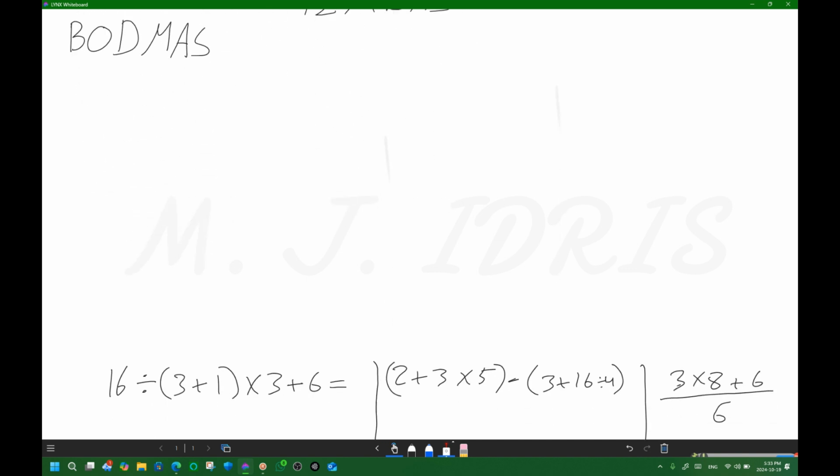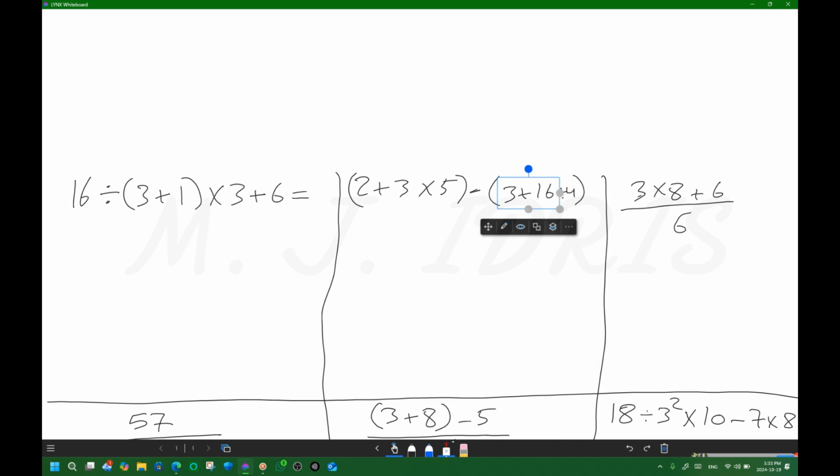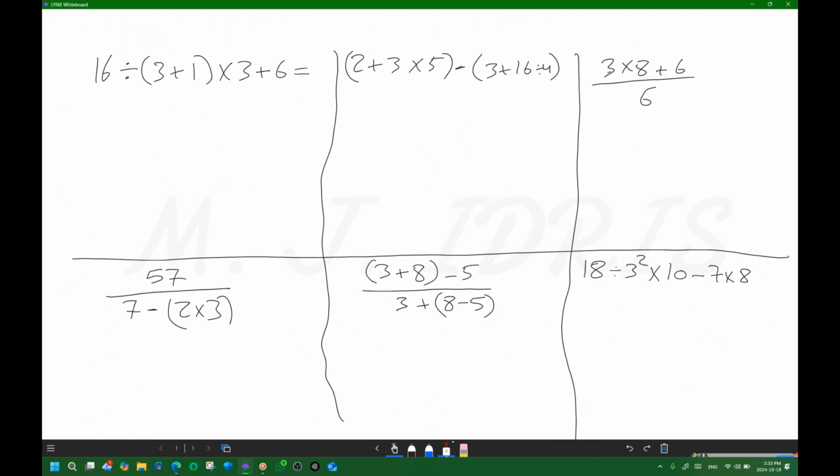So let's try to solve these questions now. Let's start with the first one on the left here, upper left corner. I have 16 divided by brackets 3 plus 1 close brackets, times 3 plus 6. As we understood from our order of operations, we should always start with the brackets.